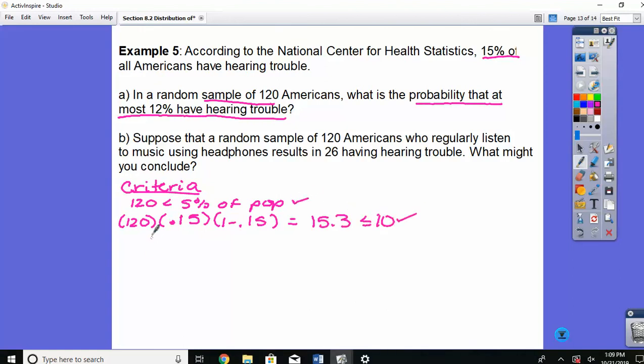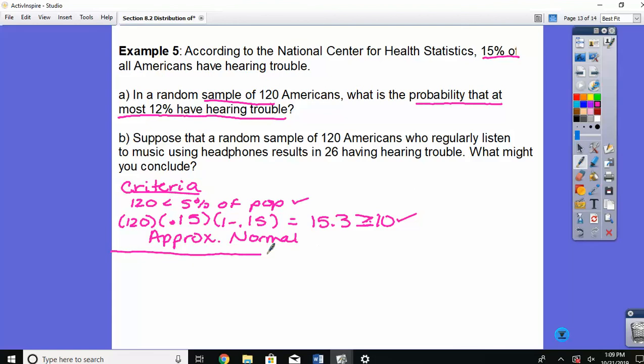So that means, yes. We met that requirement. So that tells us it is approximately normal, and we can use our Z stuff. If it wasn't normal, we wouldn't be able to use that.